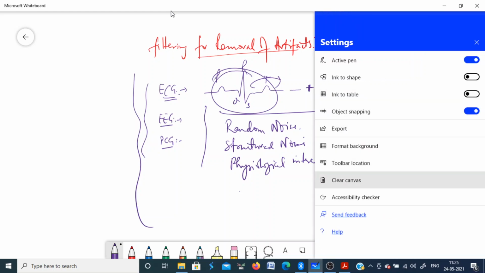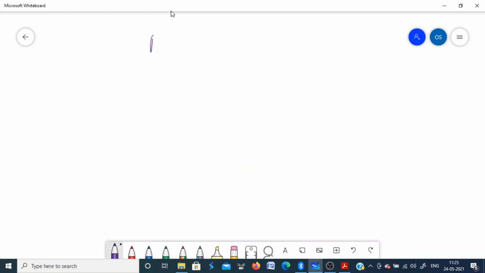So what is random noise? See, suppose you have a patient and there is some ECG signal you are recording by placing some electrodes on the chest and on the limbs. So you have, suppose, lead one.